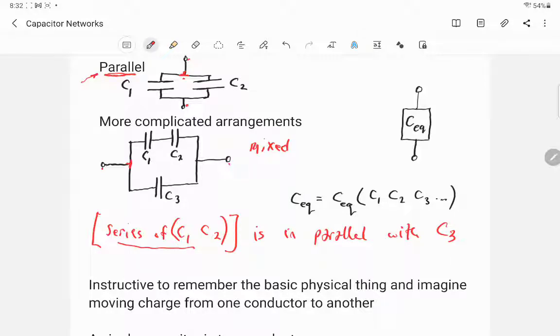So you take the sub-step of imagining a beginning of the path here and understanding this sub-path as a series combination of two capacitors. And then once you resolve this series combination, you can take it and imagine it being in parallel with another capacitor.